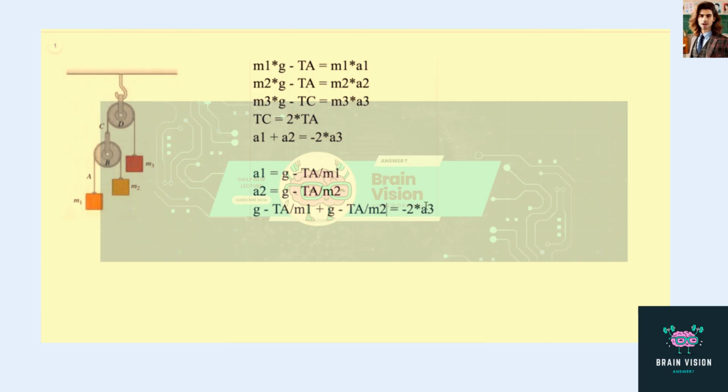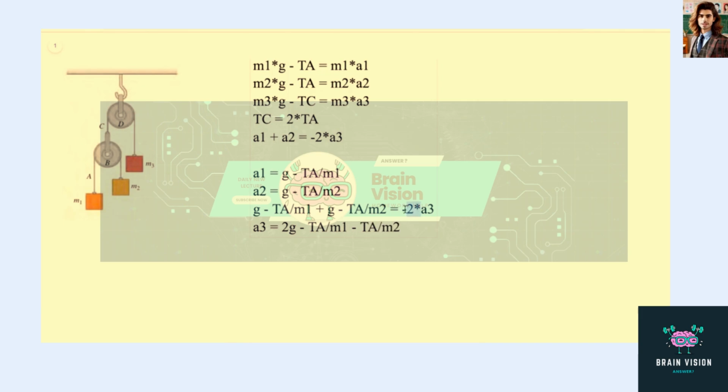So now this is going to give us A3 in terms of TA. We can get A3 if we divide both sides. Well, first of all, we can consolidate. We have 2G over here, and then we have minus this minus this.